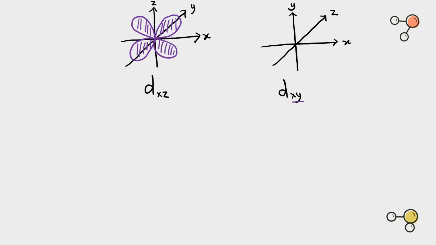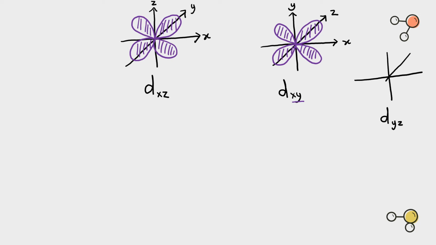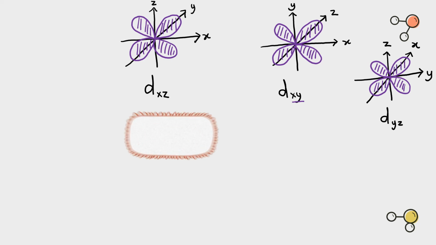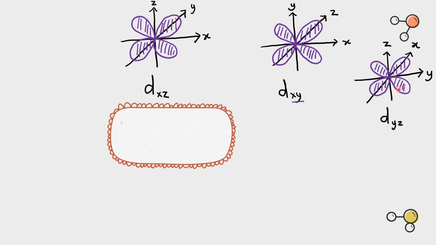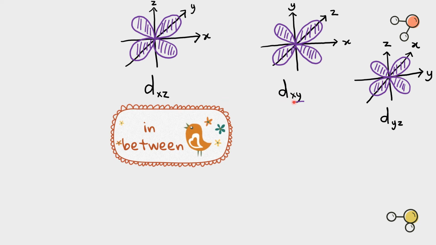So xy in between x and y. So again, for the dxz, dxy and dyz, you have to draw the cloverleaf shape in between the axes.